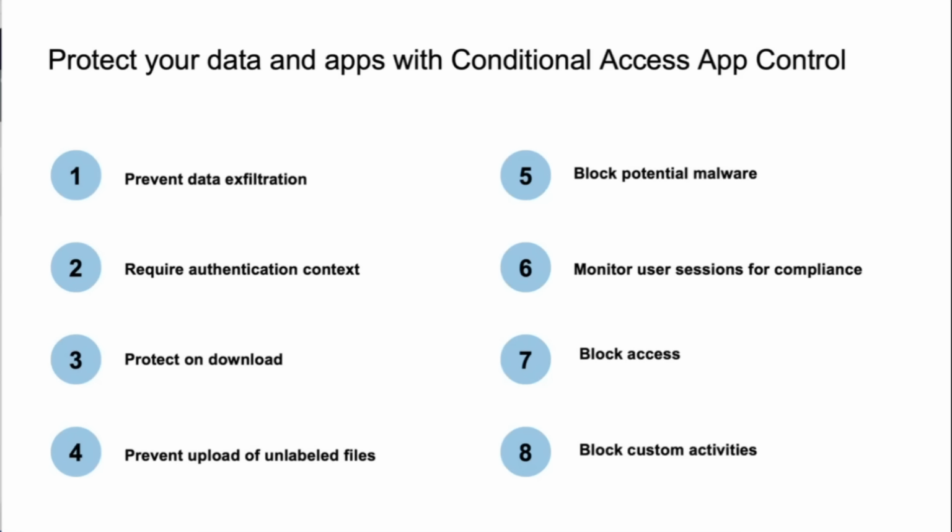The other thing we have is the ability to put in controls which relate back to conditional access, which of course is an Entra thing, Entra ID. And we can then start to put in conditional access application controls on top of that. So conditional access on its own, as you probably know, is the ability to control people's access to the corporate environment based on certain criteria, which could be the device they're using, the level of update it's at, the time of day, the IP address they're from, etc. So we can apply additional controls to monitor sessions for compliance, to allow or deny access, to put in additional steps.